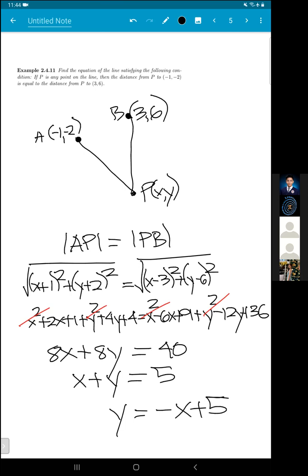And we can use geometry to solve this problem. Any idea? If you studied the material, maybe you already know how to solve this one without using this technique. Anyone? Sige, bigyan ko kayo ng hint.